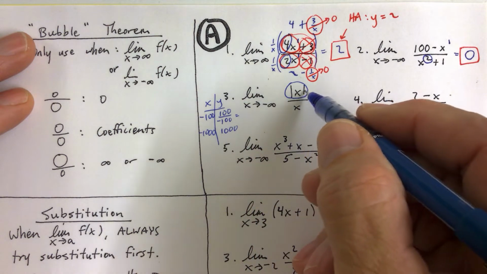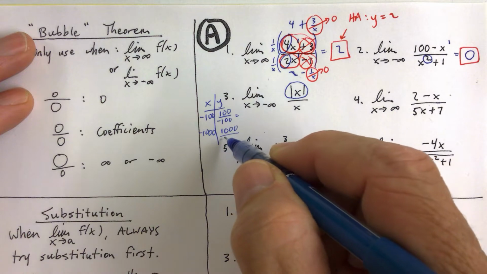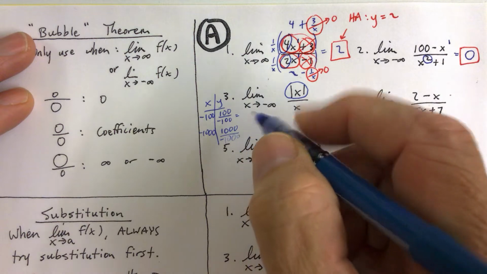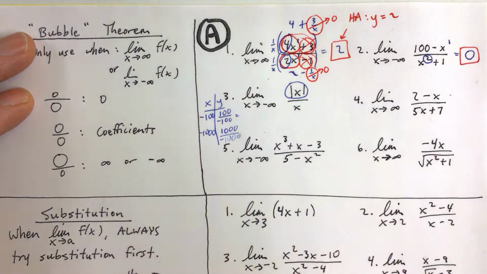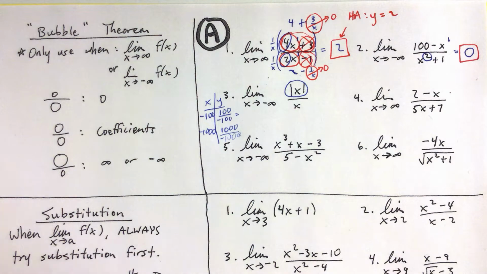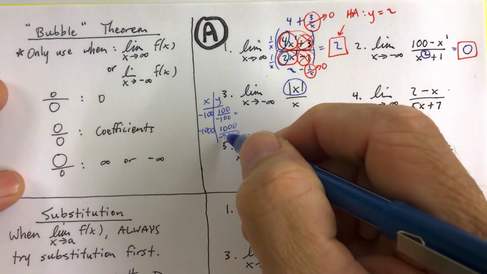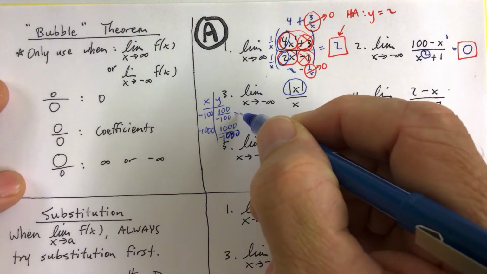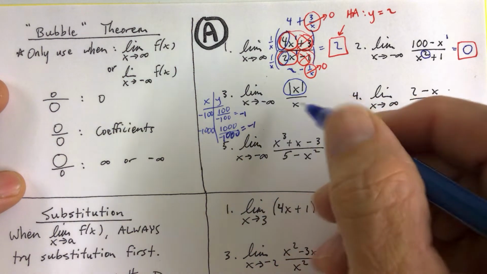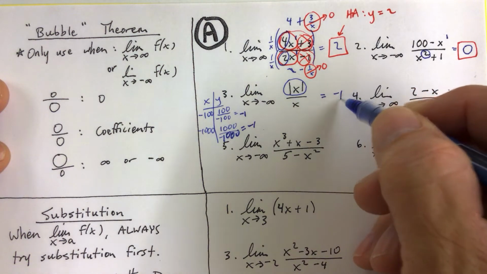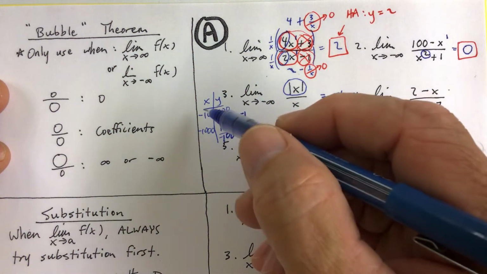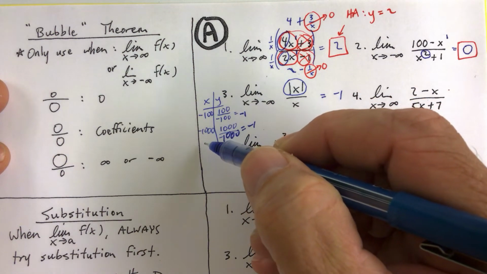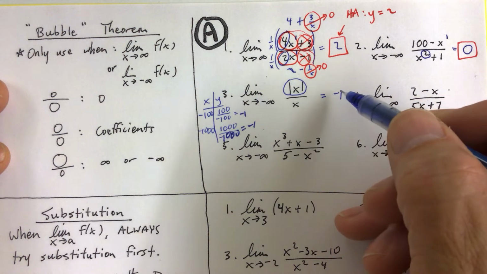When we take the absolute value of negative 1000, we get 1000, and when we divide that by negative 1000, just like what we get when we take 100 and divide it by negative 100, we get negative 1. Okay, so that's one way to find the limit. Limit is negative 1. If we analyze this a little further, negative 1 billion: 1 billion over negative 1 billion, still negative 1.